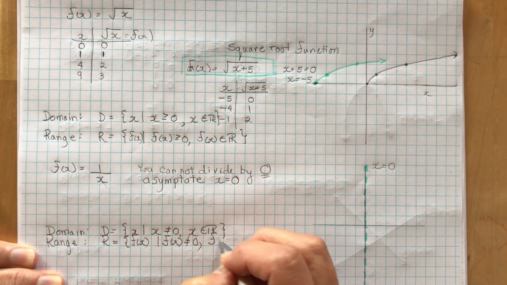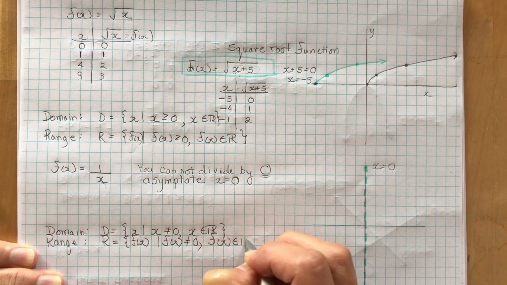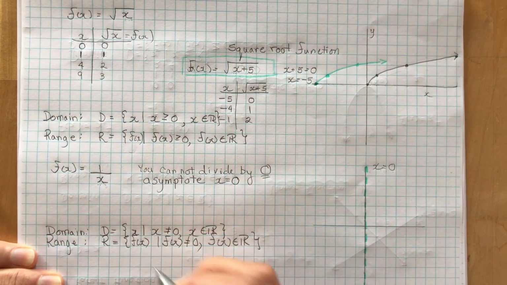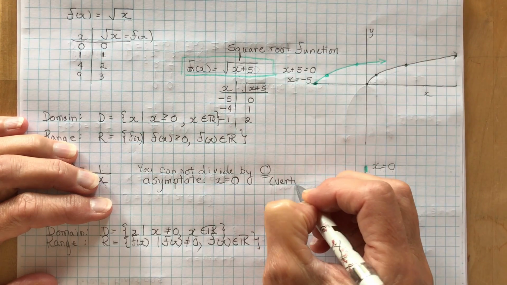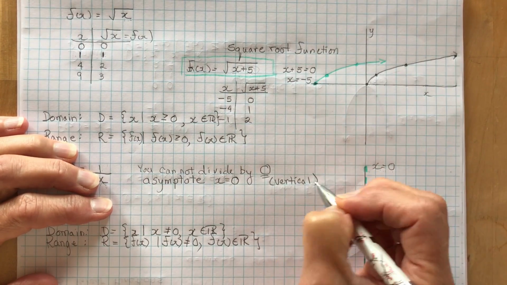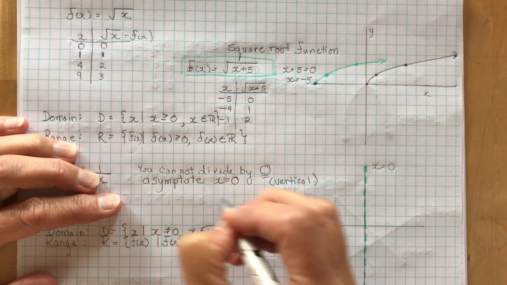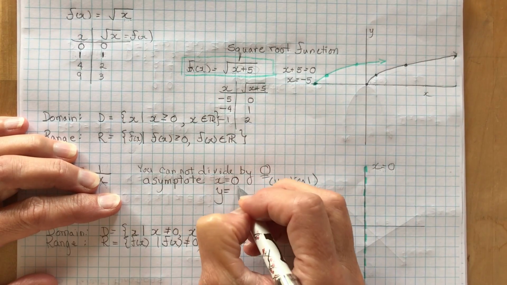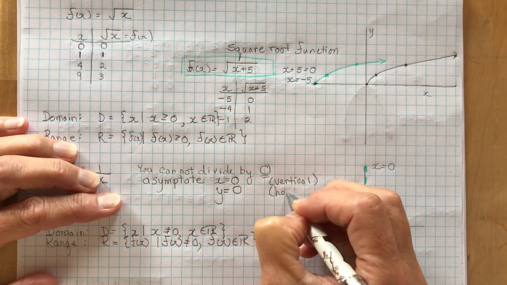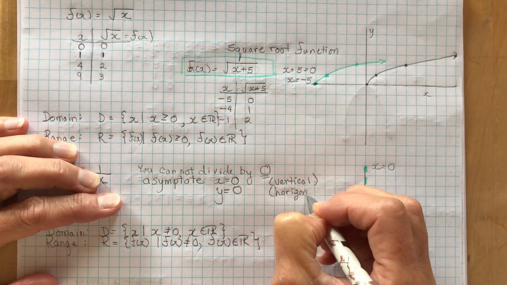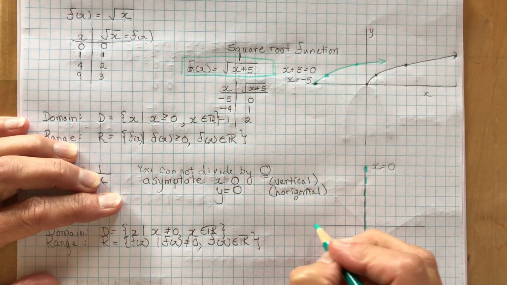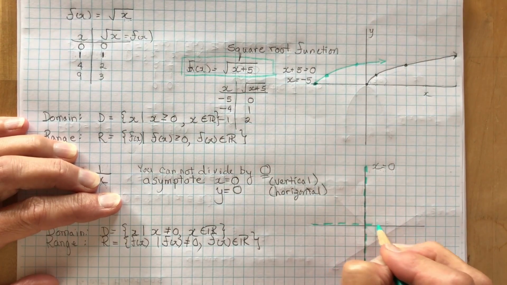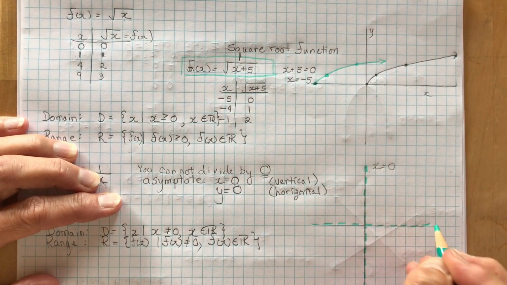And that means there's another asymptote. So this is a vertical asymptote. Vertical means up and down. And a horizontal asymptote, y equals 0, a horizontal asymptote. So that means I have another asymptote here because I can never divide by something and get 0 for an answer.